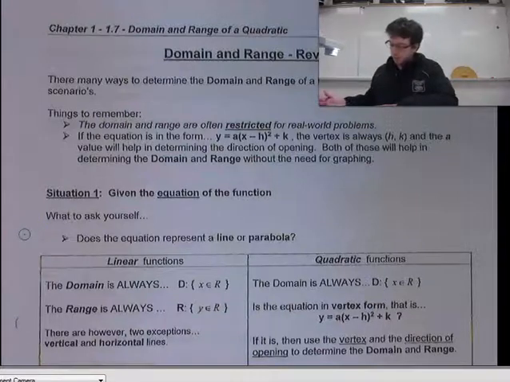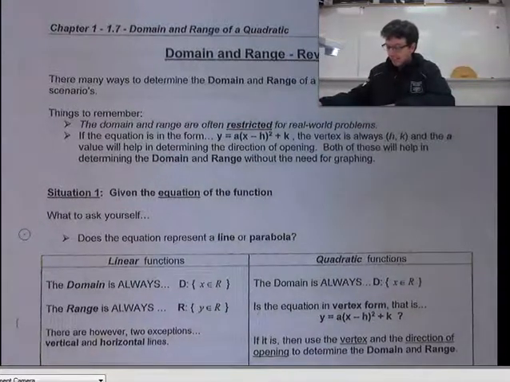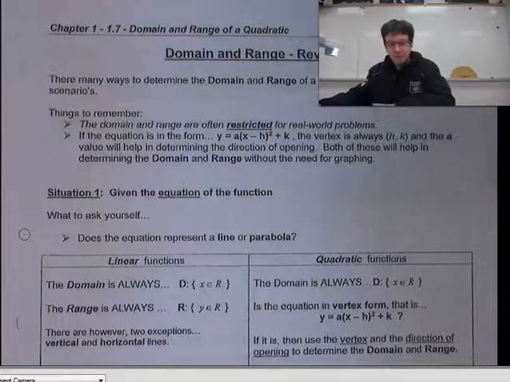Alright, so we're going to go over domain and range again, the idea and why we use it. Usually in real world problems, the domain and range is actually restricted, right? Up until now, for domain at least, when we did quadratics, we said it goes on forever.